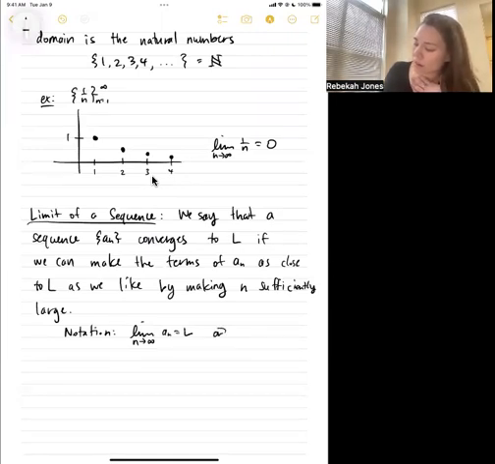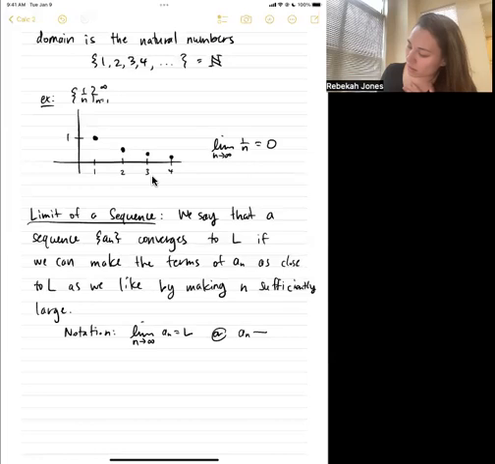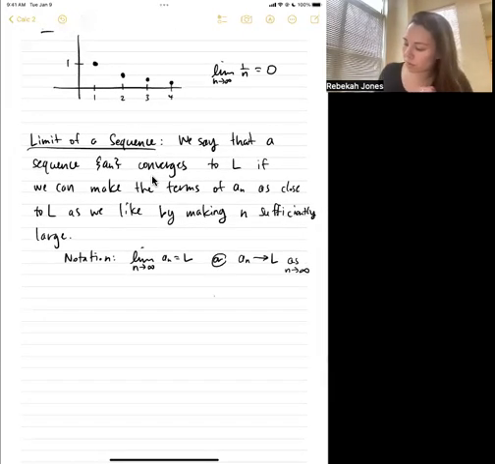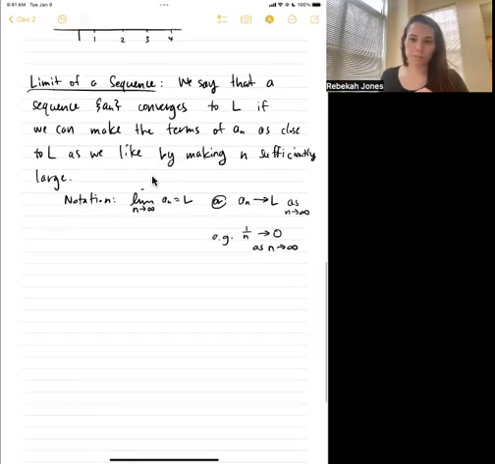Or another possible way, but this is less common, that you can write this is that a sub n approaches L. You can read that arrow as approaches or goes to L as n goes to infinity. So for example, how you would use that notation, you could write 1 over n converges or goes to 0 as n goes to infinity, right?